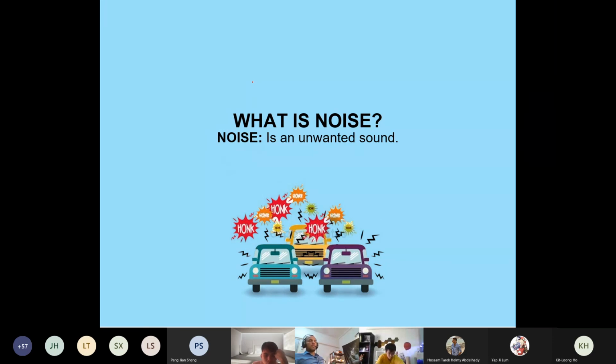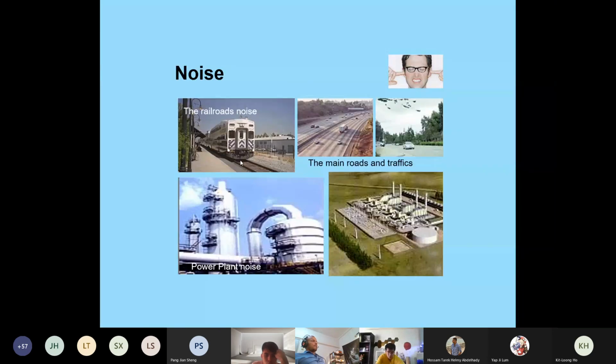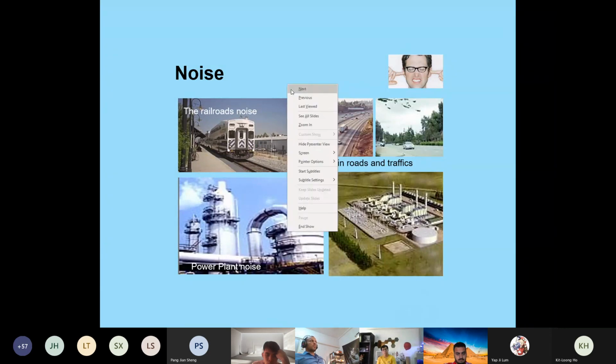Nowadays noise has become a very big issue, especially for those who live in cities like Kuala Lumpur here. There are many types of noise, especially highway and railroad, and of course power plant noise, etc. All these bring noise to the interior space and to architecture.